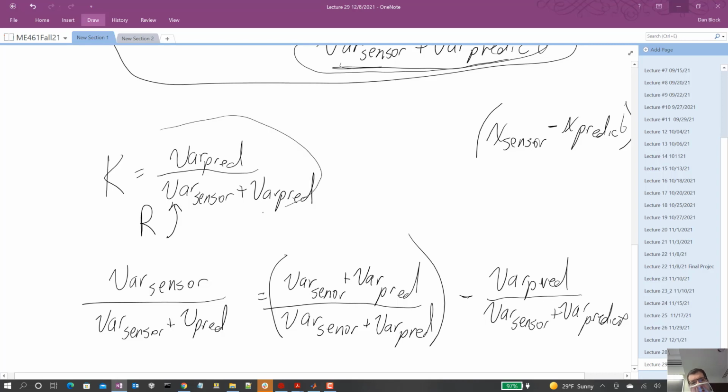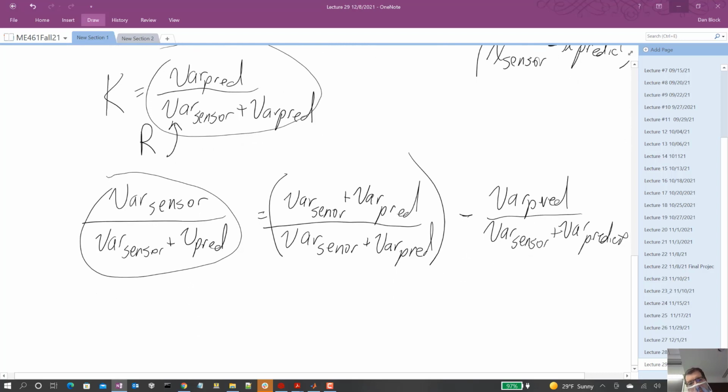Here's our K, isn't it? So this little guy right here is also equal to 1 minus K, is what I'm trying to pull out there. So I'm doing little tricks to put it in the same form as the Kalman filter equations.